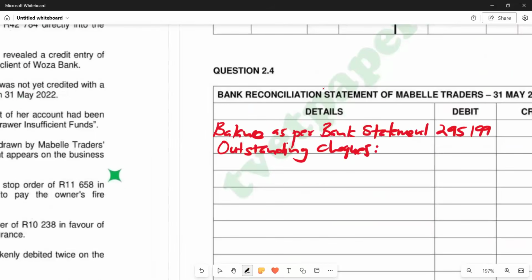So firstly, we have got check number 100 with an amount of 38,150. Then we also have check number 106 with an amount of 21,236.